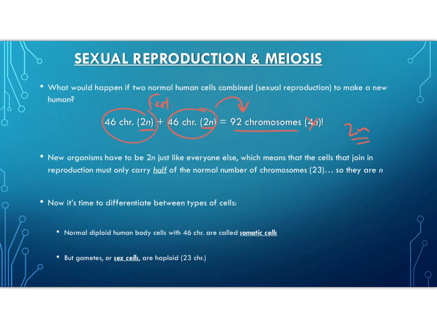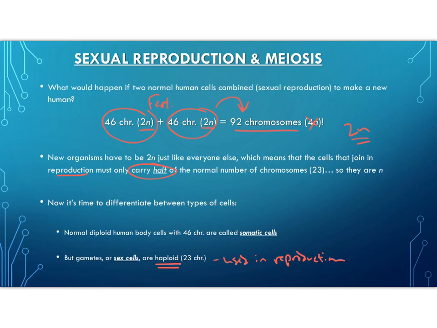So there's a very logical explanation, right? The logical explanation is that the cells we use in reproduction must only have half the number of chromosomes. So in other words, we're going to have haploid cells to be used in sexual reproduction.